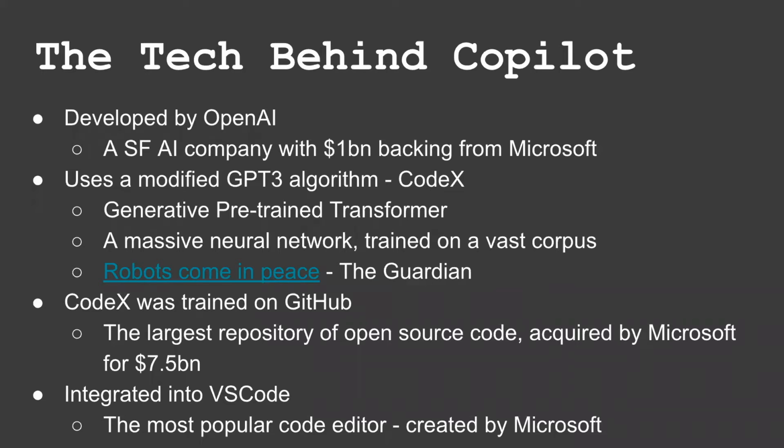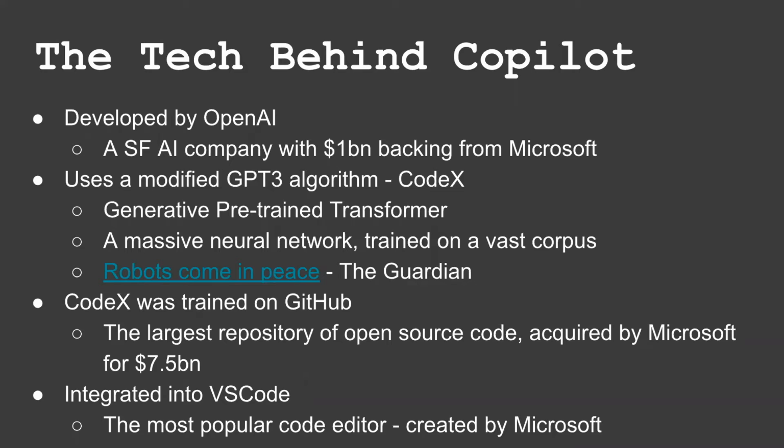Copilot itself uses a modified version of GPT-3, which you may or may not have heard of. GPT is the third iteration of one of their most famous algorithms. It's a generative pre-trained transformer. Basically, in simple terms, given a body of text, it will predict the next word or sentence based on its training data.